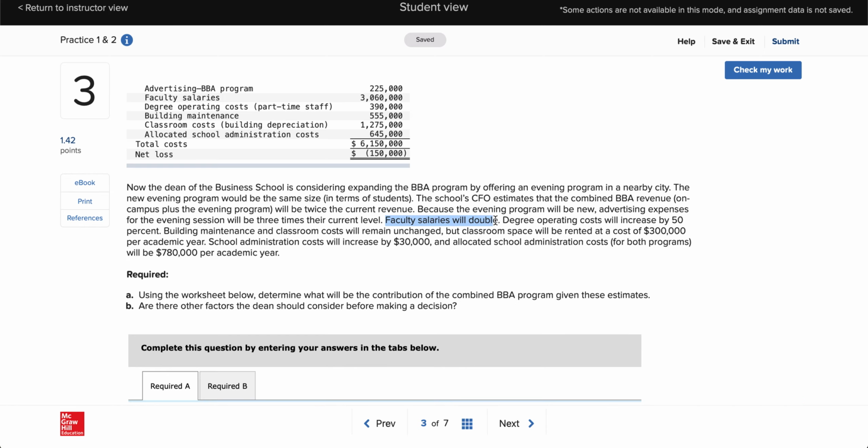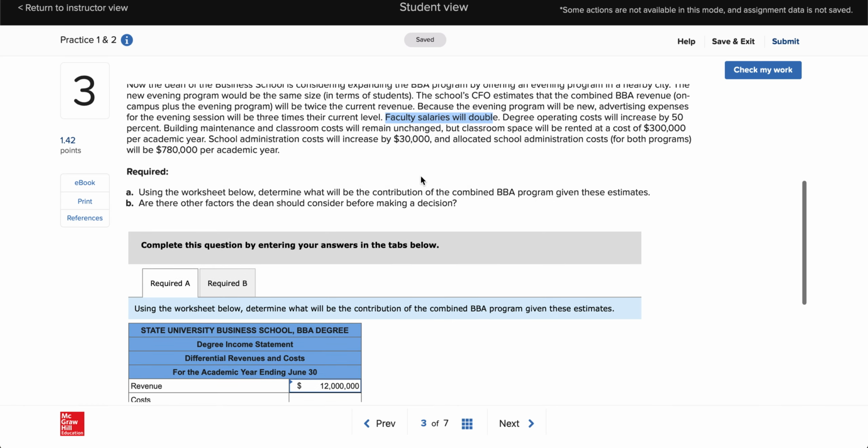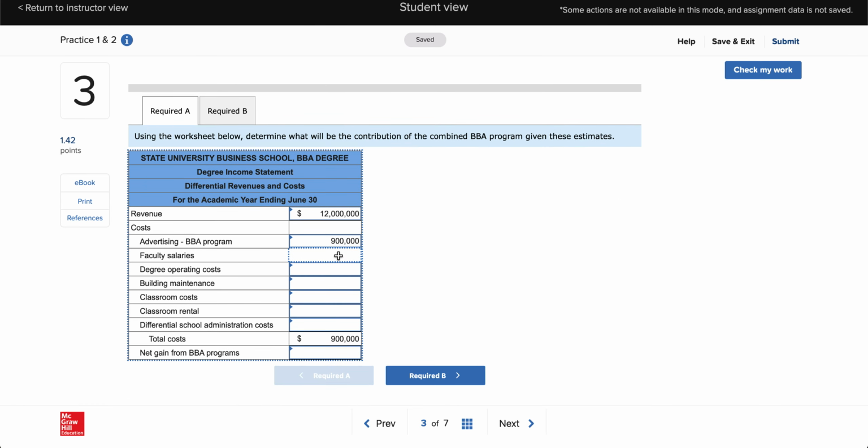Faculty salaries would double. It's at $3,060,000 now, so it would be bumped to $6,120,000. The degree operating cost would increase by 50%.